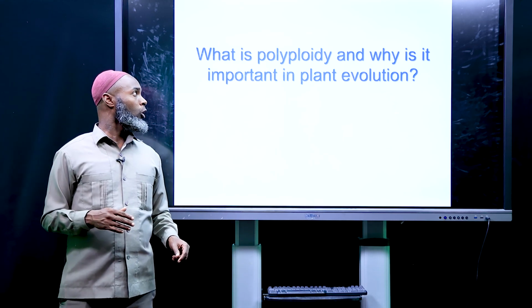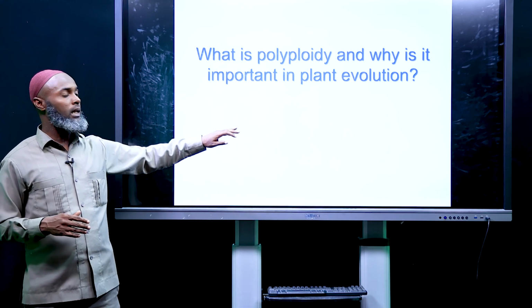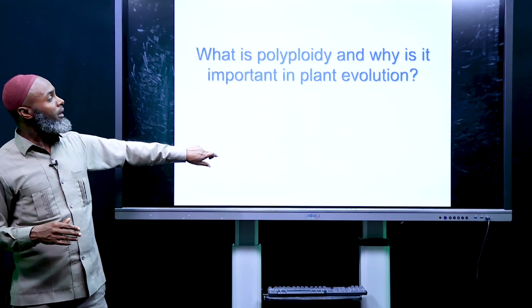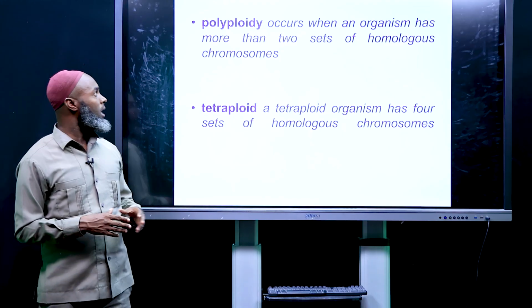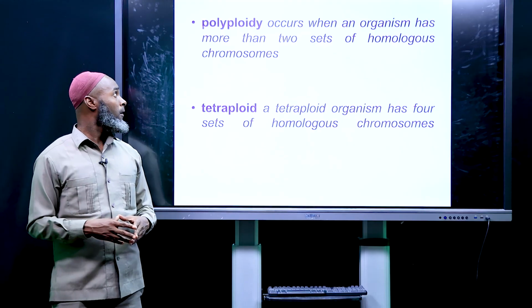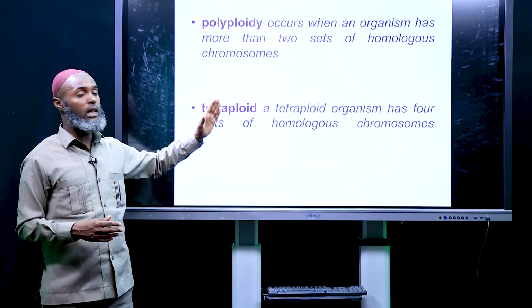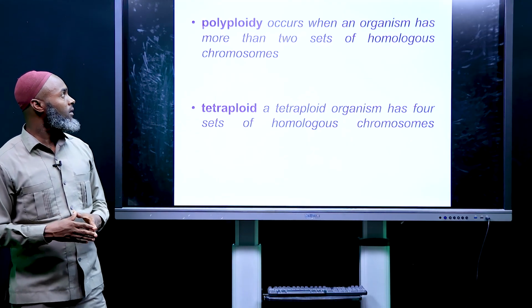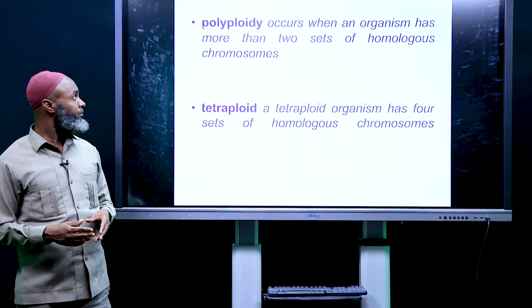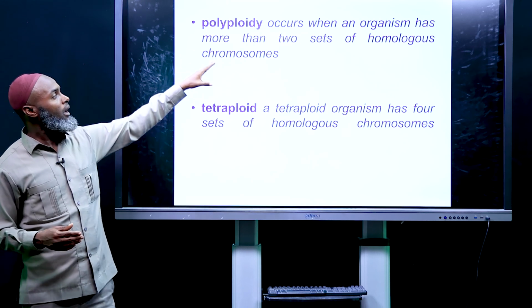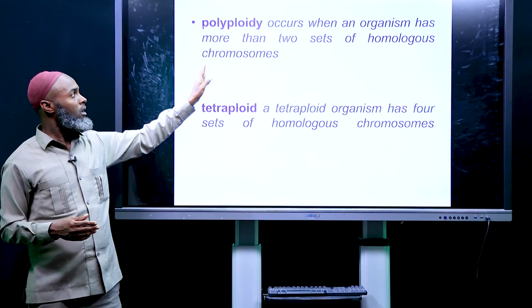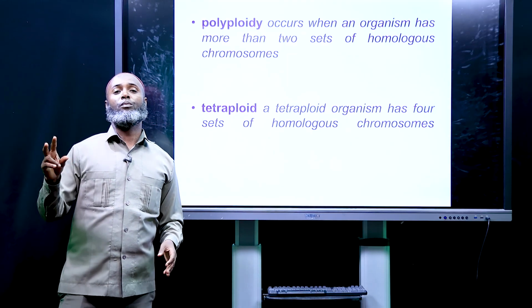Now let's see polyploidy and why it's important in plant evolution. Polyploidy occurs when an organism has more than two sets of homologous chromosomes. Poly means many, ploidy refers to chromosome sets.